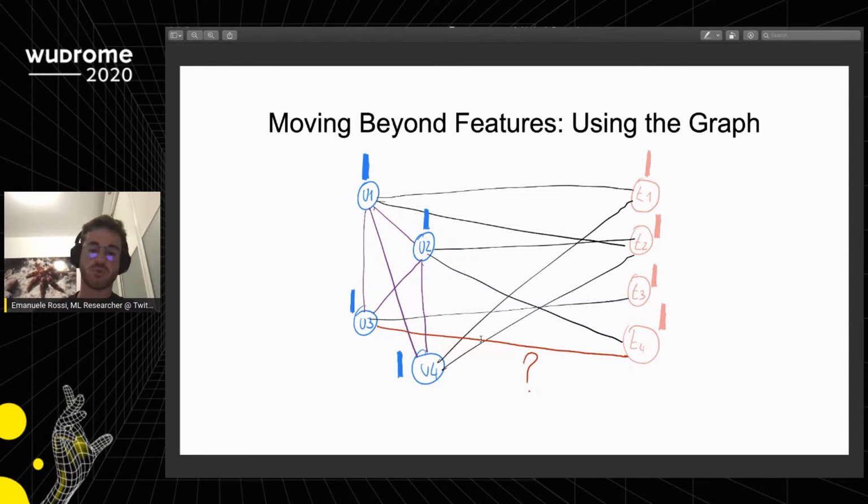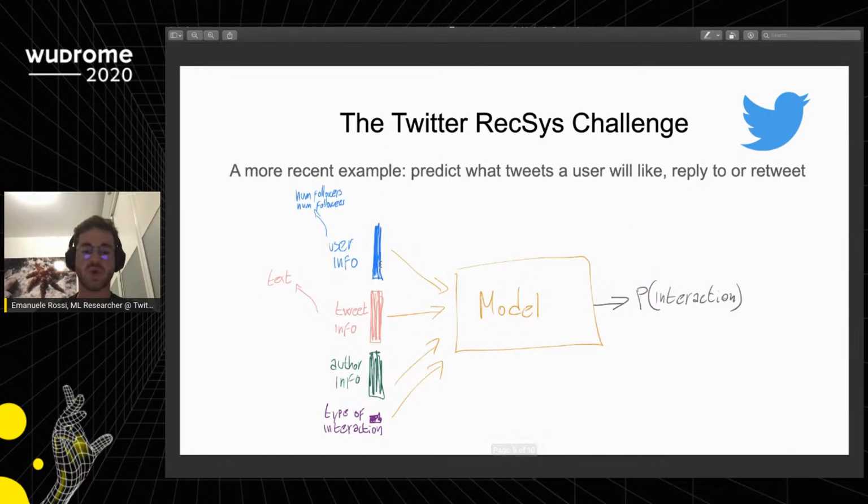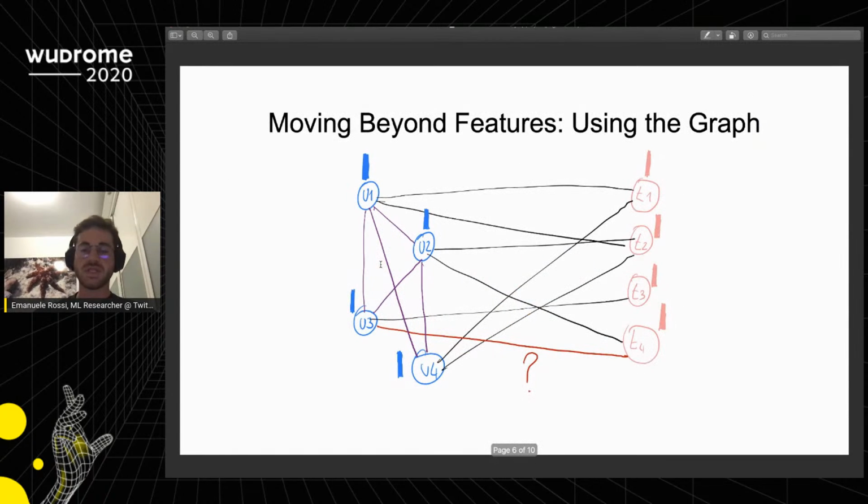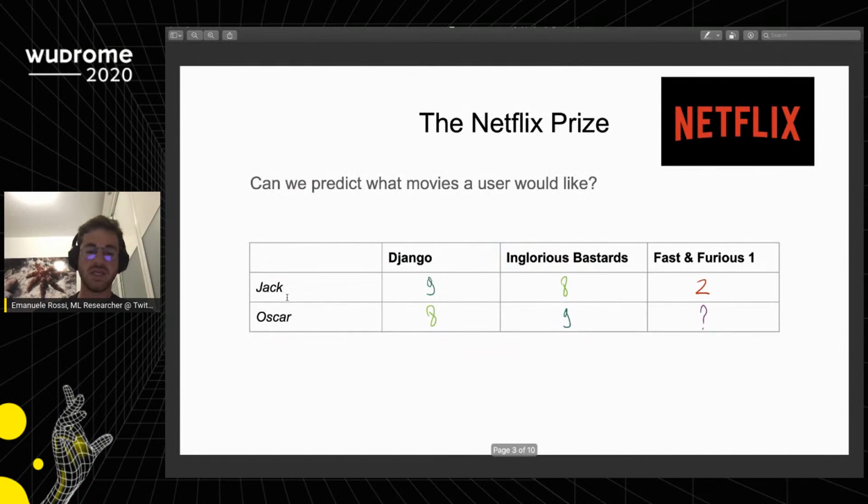I want to be able to predict this given the graph information. I also drew here some vectors, which are the features, the same features that we had here. So this is just a different way to think about the problem as a graph, and it also allows us to seamlessly add additional graph information that it was not clear how to add here or here.